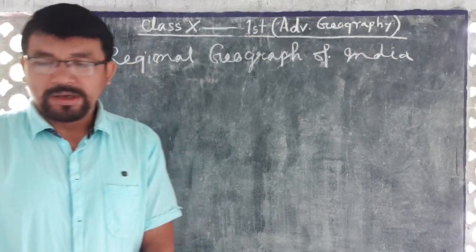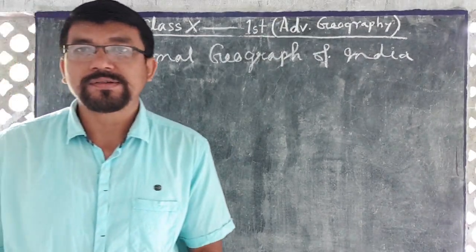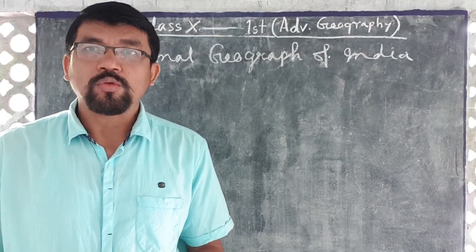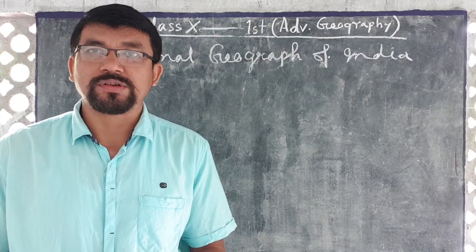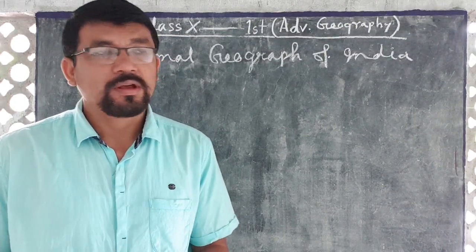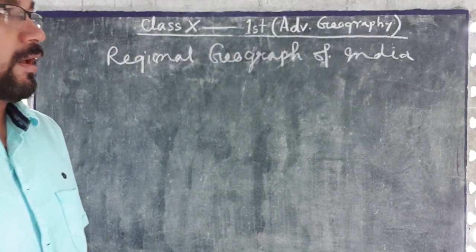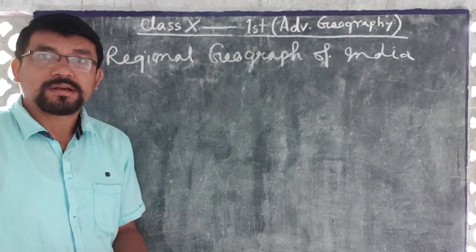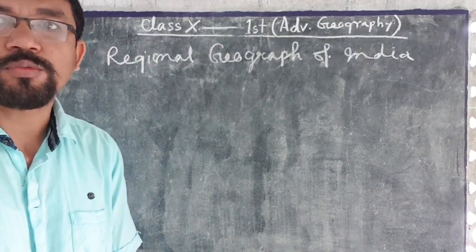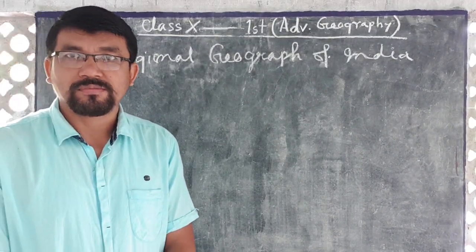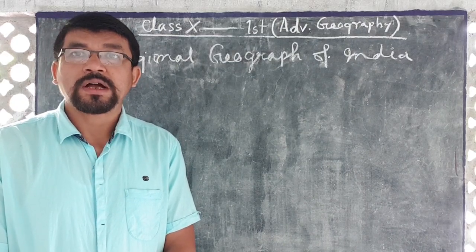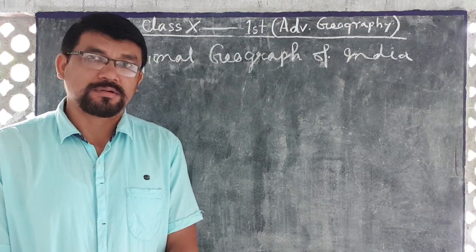You know, India is the 7th largest country in the world and one of the largest democracies in the world, and it is located in the southern portion of Asia. India is located in the northern hemisphere of our Earth.